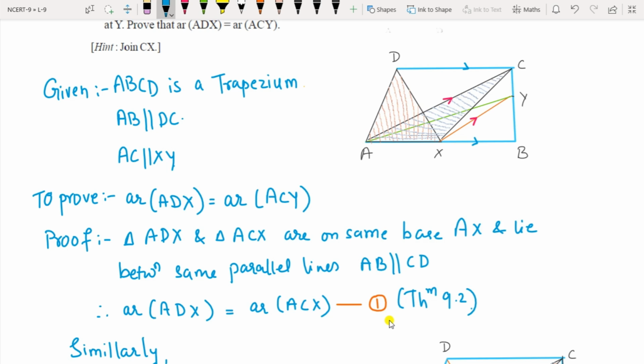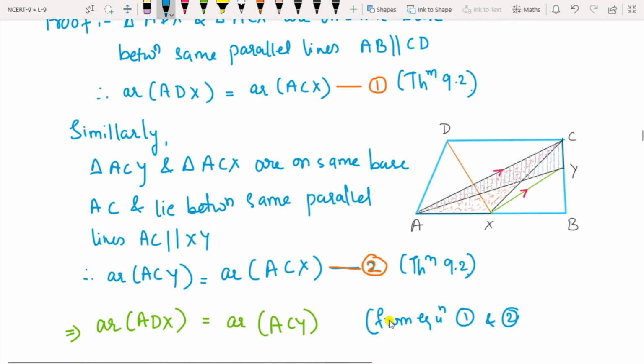Then similarly consider the next two triangles, that is ACX and the second triangle ACY. ACX and ACY, they are on the same base AC here and lie between the same parallel lines AC and XY here.